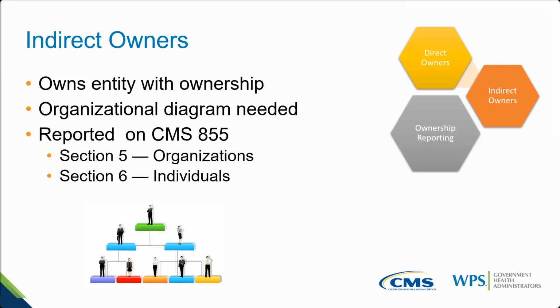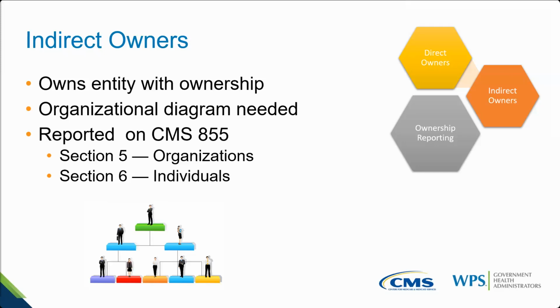One note that I do want to make, for direct and indirect owners, is specific to the CMS 855A. It's on the form, but I want to highlight it here. For Part A facilities on CMS 855A applications, in addition to reporting the owners, their roles and their relationship, we are also going to ask about percentages.